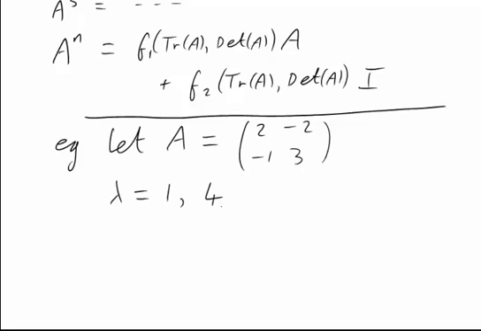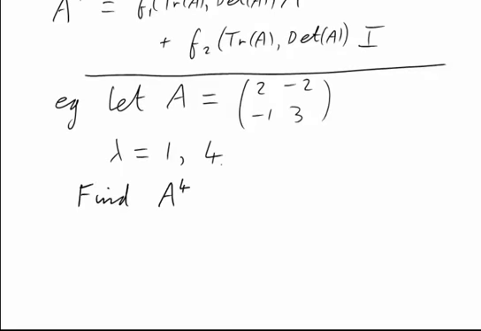Suppose I want to find, well, let's say a to the power 4. Then we know that a to the power 4 must be some combination of a, let's call it alpha times a, and the identity, let's say beta times the identity.